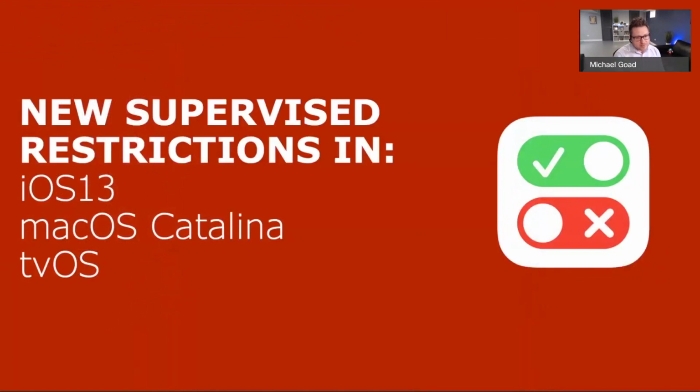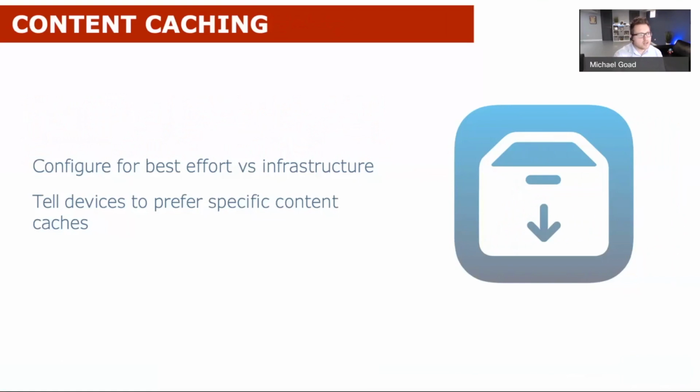All right, and the last piece that I'll go over here is some of the new supervised restrictions in iOS. We'll also cover a little bit about macOS and tvOS. There are some improvements to content caching. If you're not aware of content caching, you need a macOS device, so it can be a Mac Mini, Mac Pro, MacBook Pro, or MacBook Air.